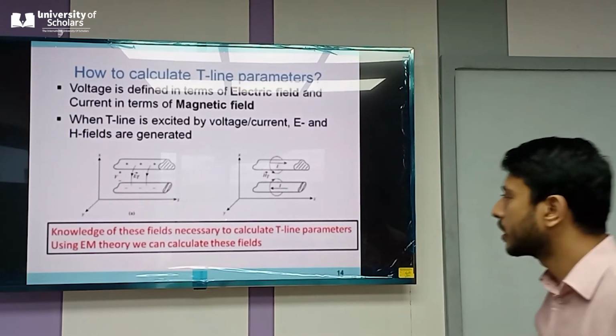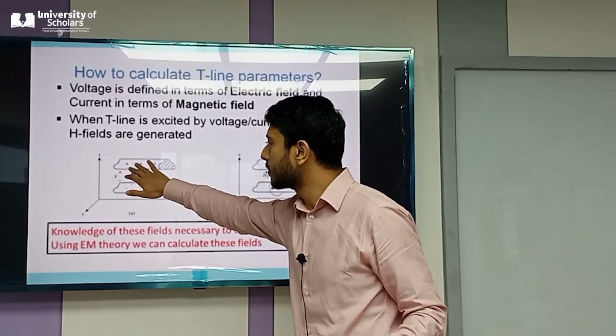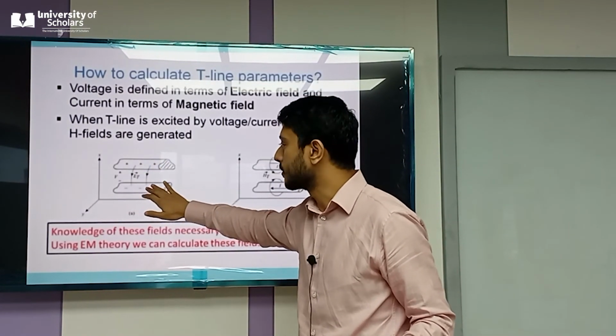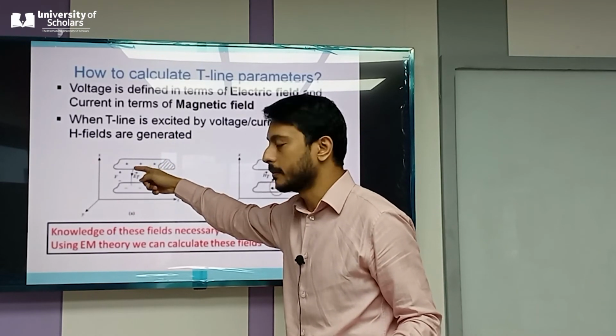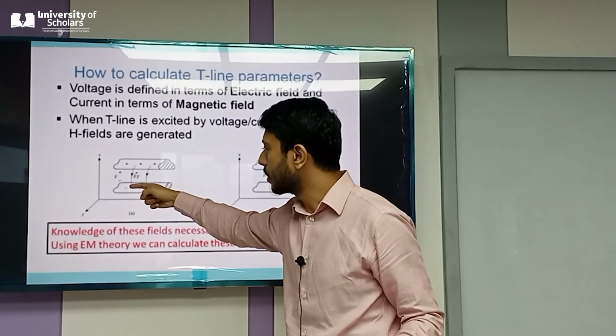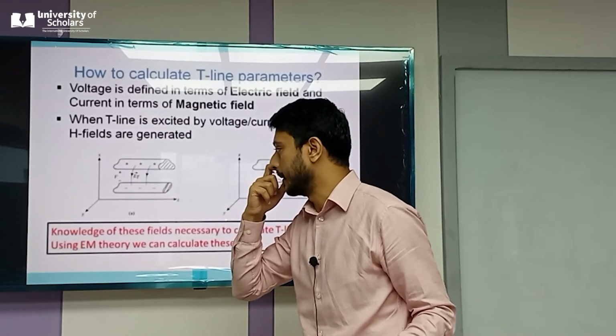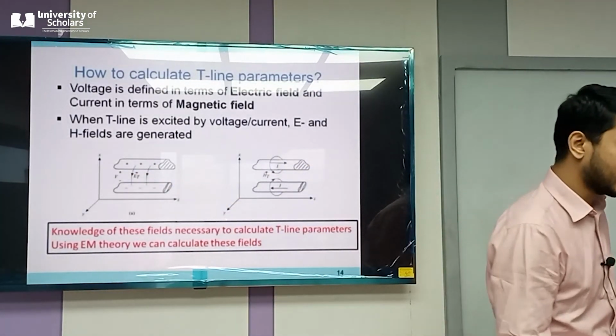When you apply voltage to these conductors, one becomes positively charged, the other becomes negatively charged, which creates an electric field between them. So from positive to negative is the direction of the electric field. So do not confuse, okay?